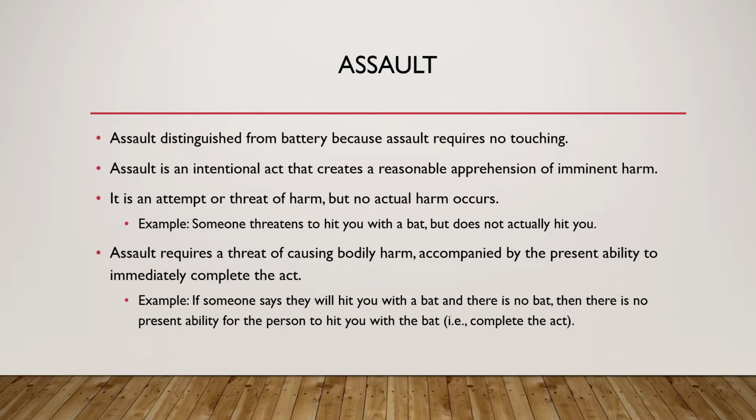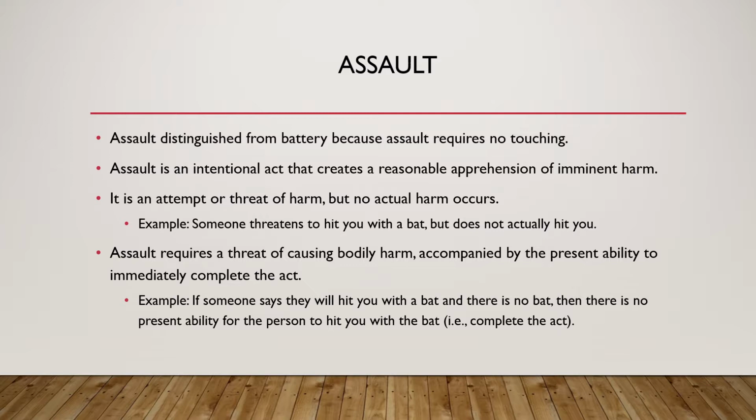John may cock back his fist and create a reasonable apprehension in Adam of imminent harm. He may have a reasonable fear of imminent harm because John has pulled back his hand like he's going to punch him. That is an assault. And then if he carries the punch forward and actually makes contact with Adam, then that turns into a battery.